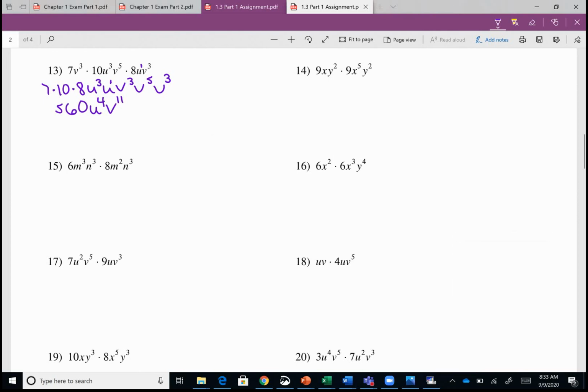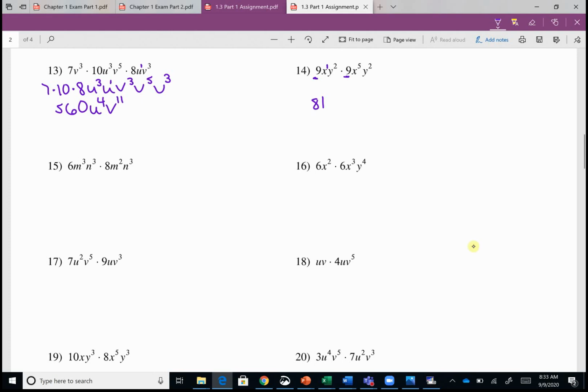I think we have a couple people stuck, guys. So if you're stuck, if you're sitting there staring at 14 like, oh, Miss Golly, it looks like too much, I'm going to do number 14 up here. So if you need help on 14, follow along with me. If you did 14, check yours with mine. 9 times 9, 81. Now here's where we have to be careful though, that x really has an exponent of 1, not the 2.